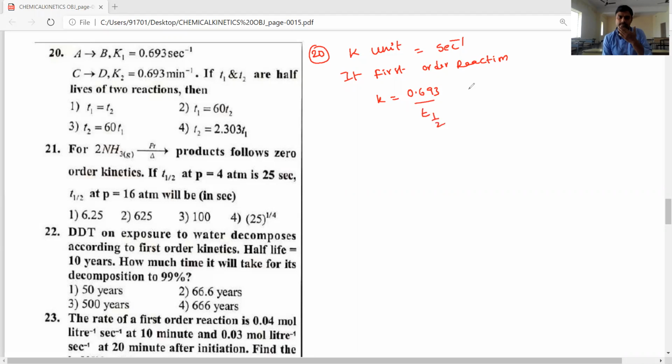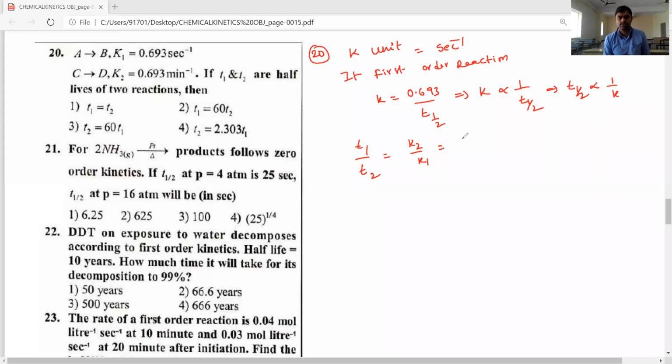T half is inversely proportional to K, or K is inversely proportional to T half. Then let's see T1 by T2. First T half by second T half is equal to K2 by K1, where the K2 and K1 values they gave.